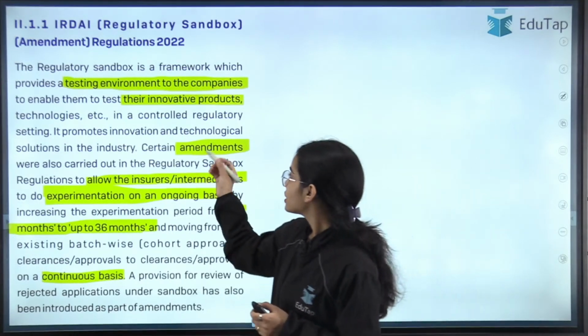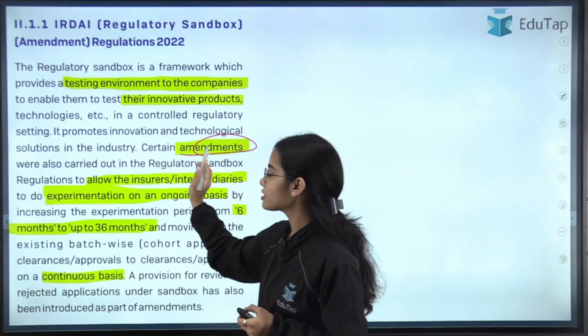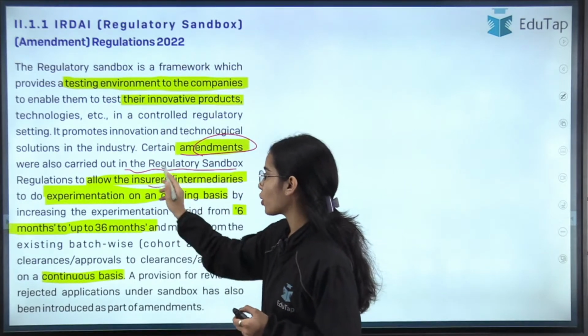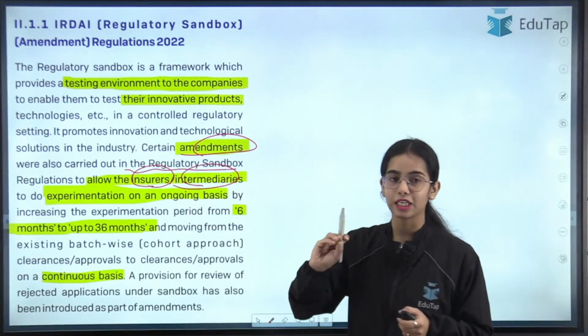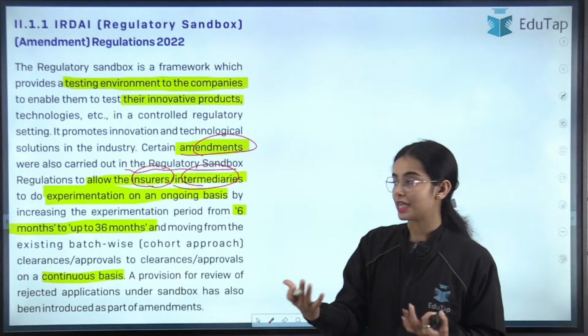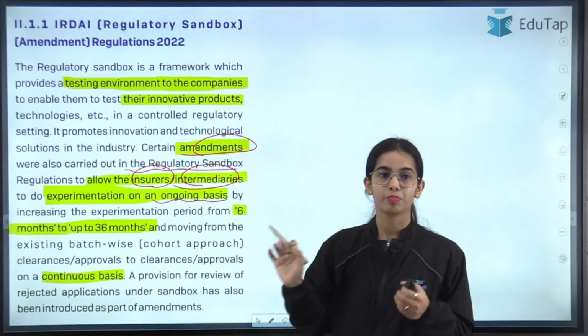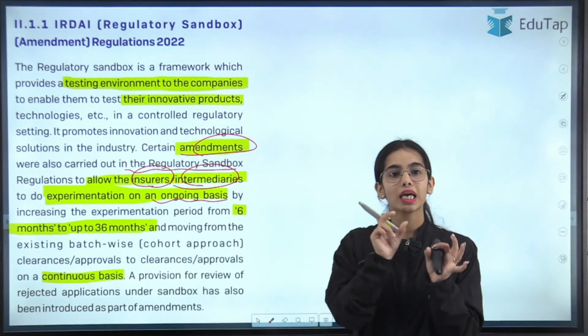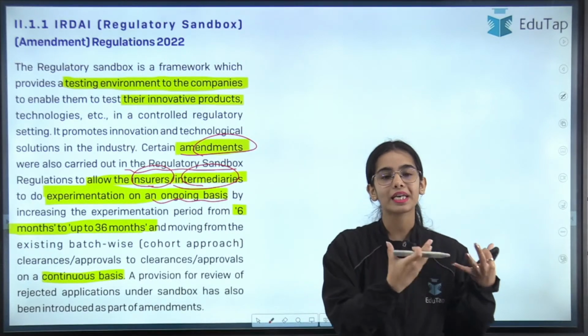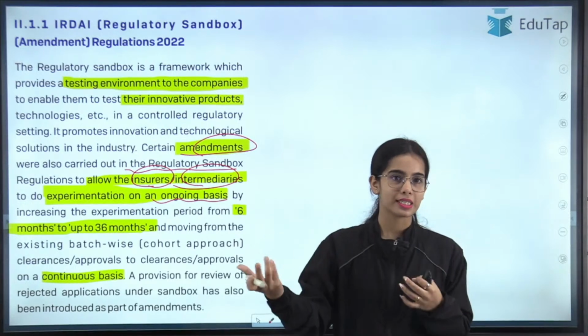Yes, so certain amendments were also carried out in the regulatory sandbox regulation to allow the insurers or the intermediaries, that is the agents, to do their experimentation, to do their live testing on an ongoing basis. Before, there were theme-wise cohorts, or theme-wise solutions that were being asked.